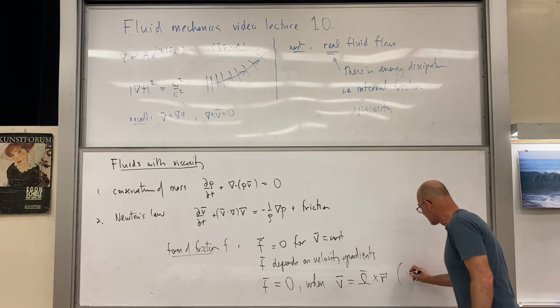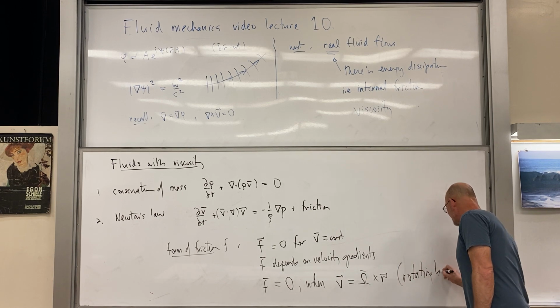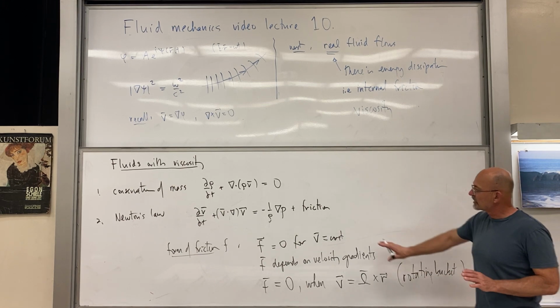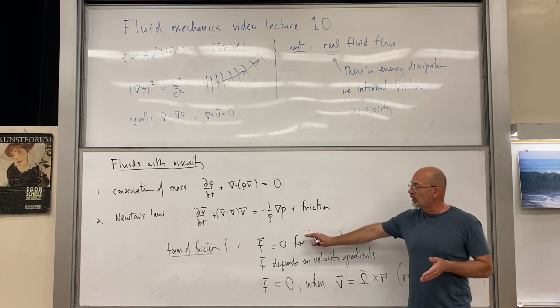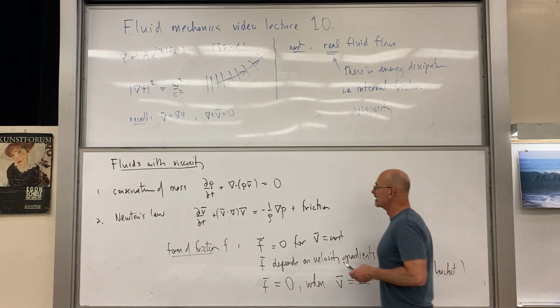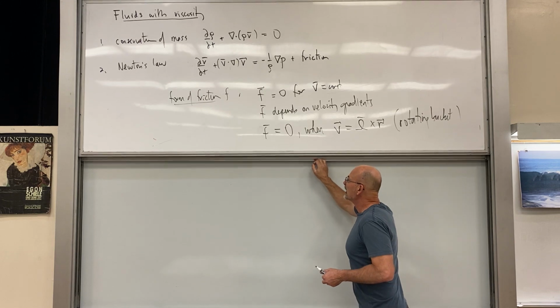I'll just write here our rotating bucket that we started the thing off with. So those are what's required to, let's say, determine the form of the friction terms. And what we obtain is the following. I'll go ahead and write out the new equation.